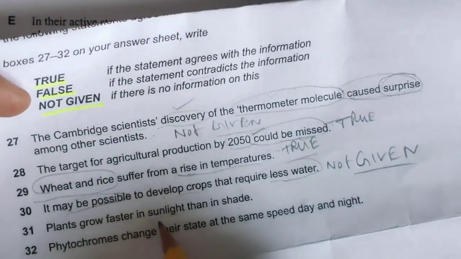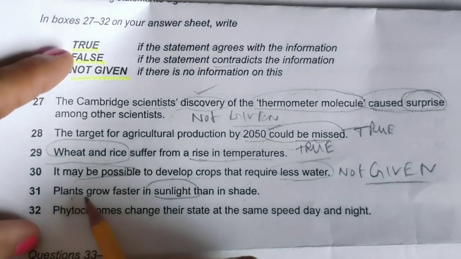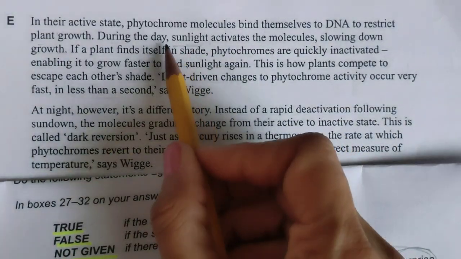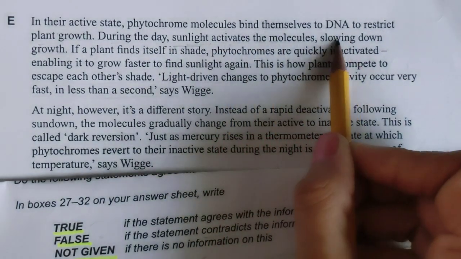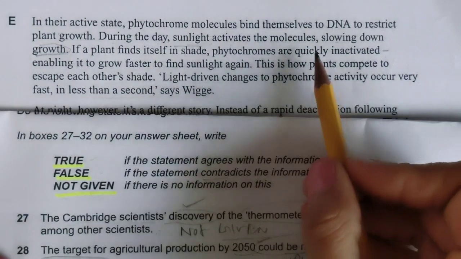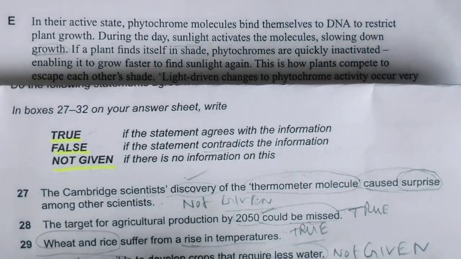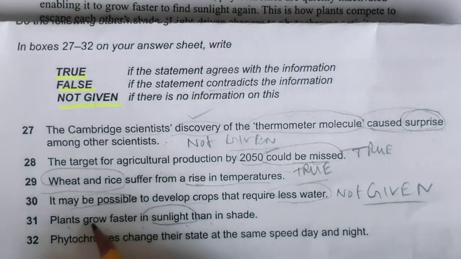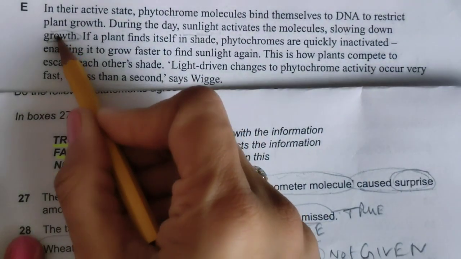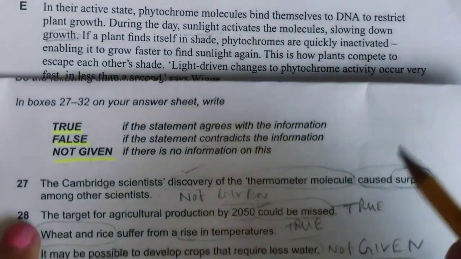So my keyword is sunlight. Plants grow faster in sunlight than in shade. They mean to say sunlight activates the molecule, slowing down growth. So everything is given in the paragraph, but they are contradicting the statement. Here they are saying grow faster, here it is saying slowing down growth. So your answer is false.